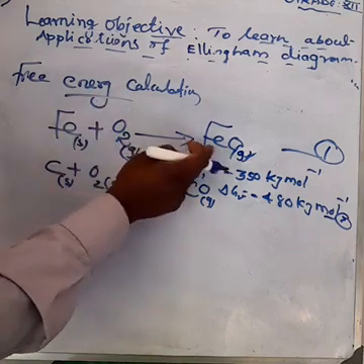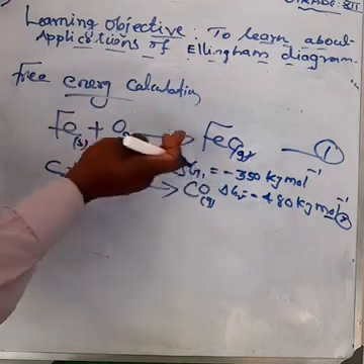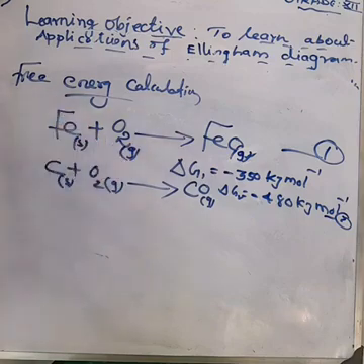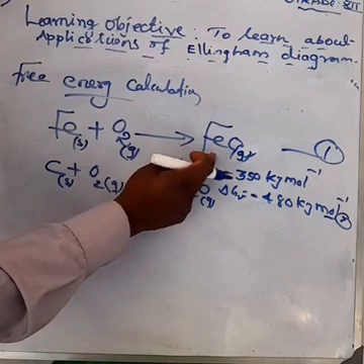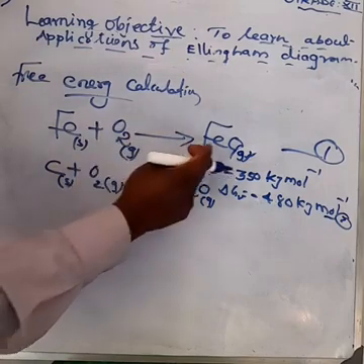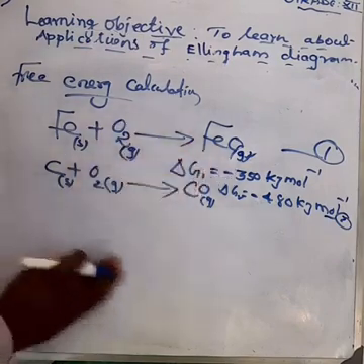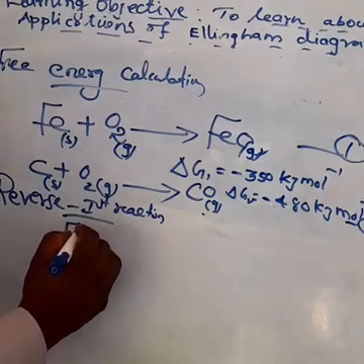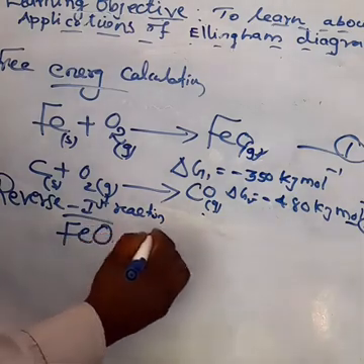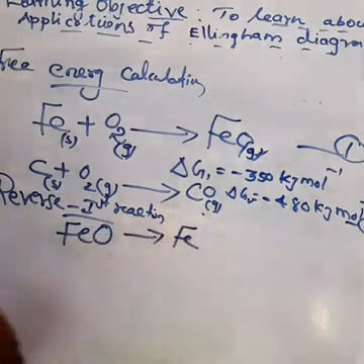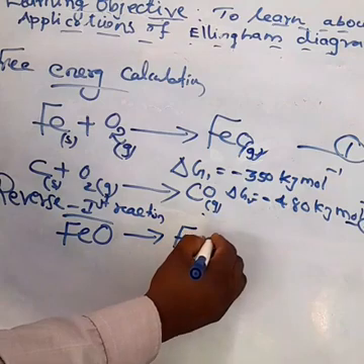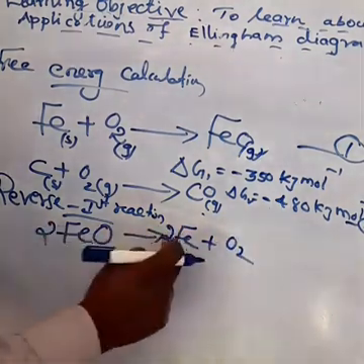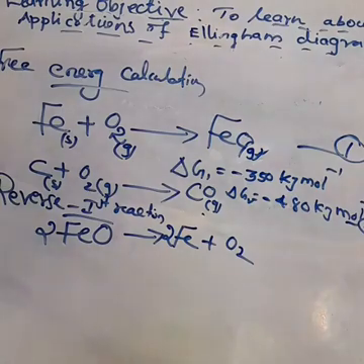But we are expecting the metal oxide to be converted into metal. So I reverse the first reaction. Solid iron oxide gives iron metal, also solid, plus oxygen gas. You have to balance the equation.